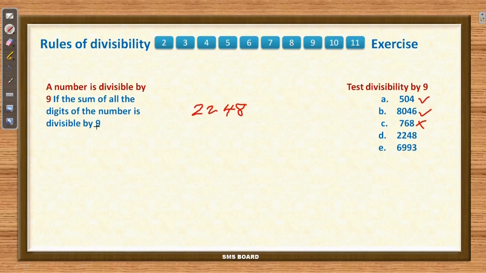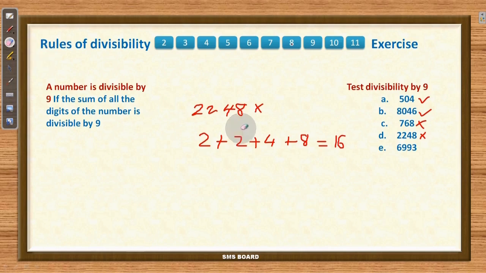If the sum is divisible by 9, the number is divisible. 2 plus 2 is 4, 4 plus 4 is 8, 8 plus 8 is 16. This number is not divisible by 9.